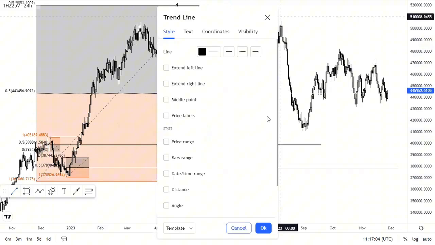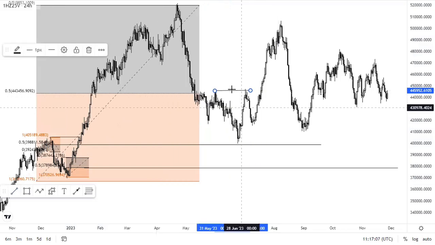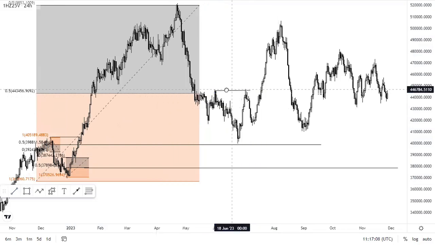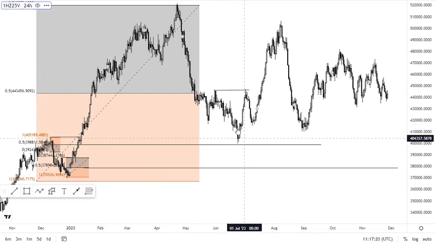Now, after I've marked out my break of structure to the upside, what's the next thing? I'll mark out my PO high for this particular structure. So where is my PO high? My PO high is this sponsored candle, this particular sponsored candle. So I'm going to be marking it out, and I'm going to do the same process.